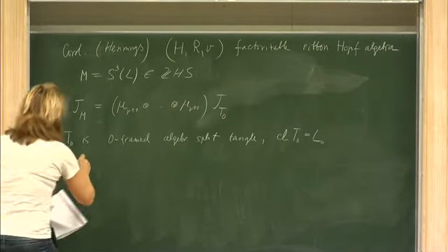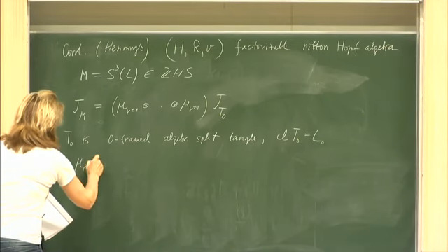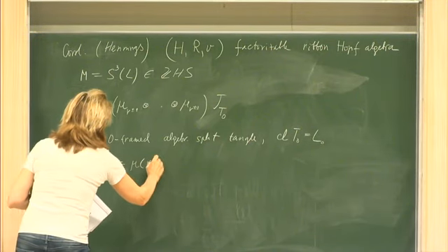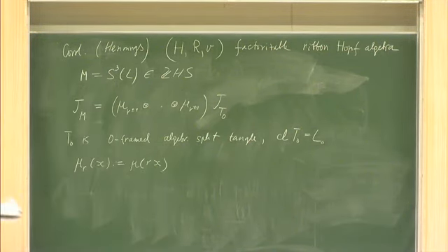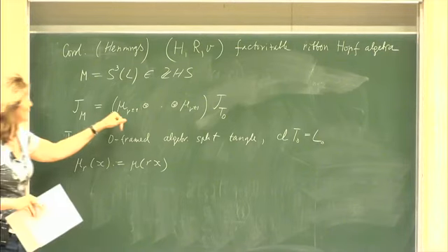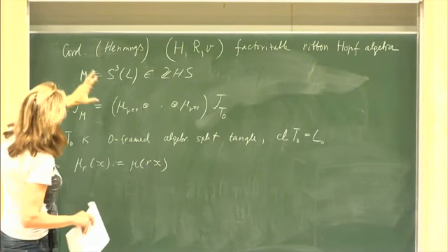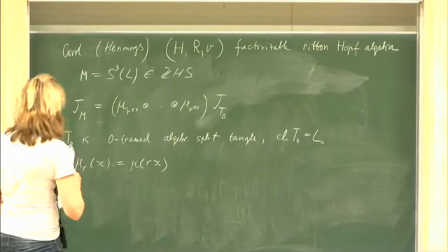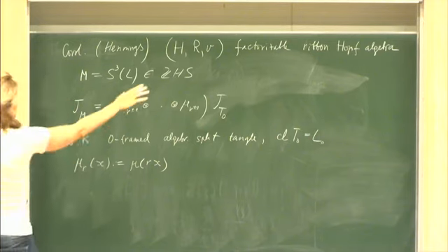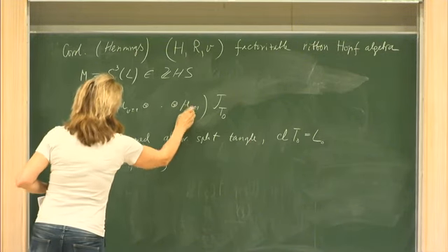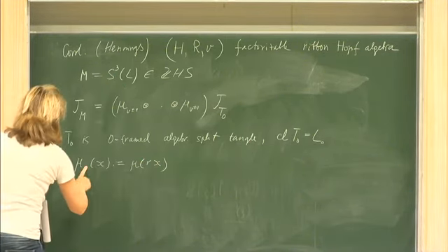And mu_v of x is defined as mu of Vx. So you shift this form by this ribbon element. Oh, sorry, my ribbon element was V. So it's still the same, it's this V. I'm sorry, sometimes I write R and sometimes V.